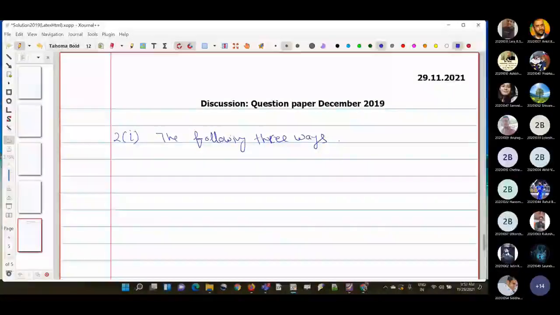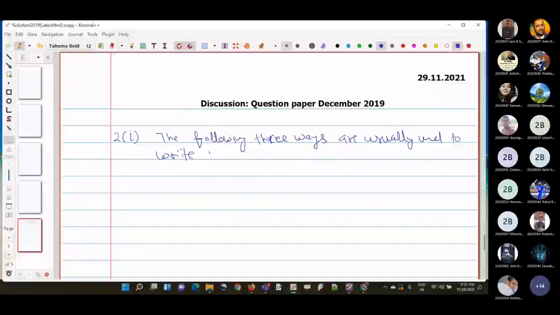The following 3 ways are usually used to write mathematical expressions.